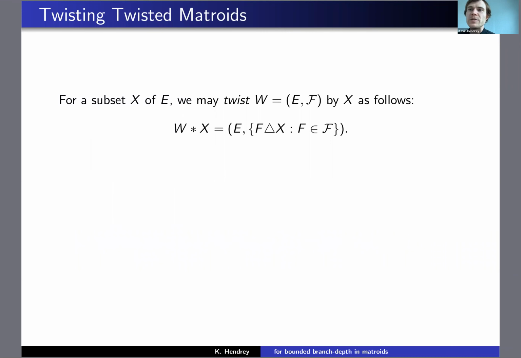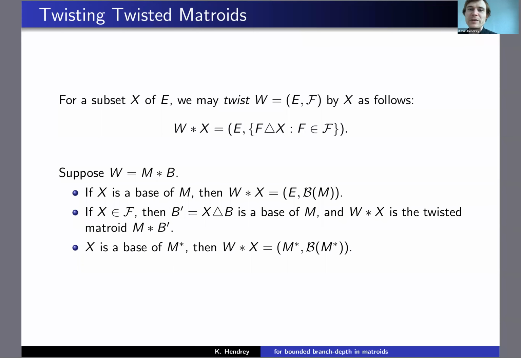Okay, so this twisting operation that I mentioned: if we twist a twisted matroid by an arbitrary subset X of E, then what it means is that we keep the same ground set, but we replace the set of feasible sets with this collection of the sets F symmetric difference X, such that F is feasible. And this turns out to be a very nice operation.